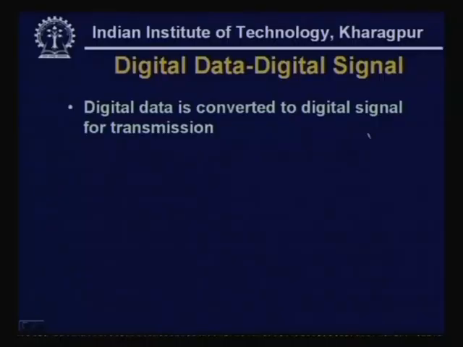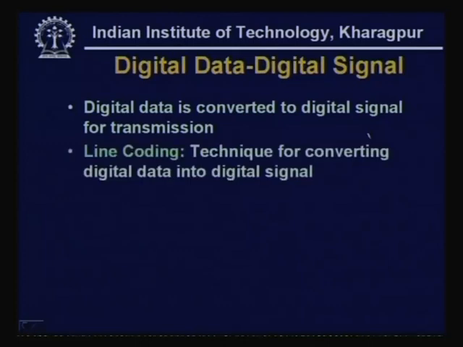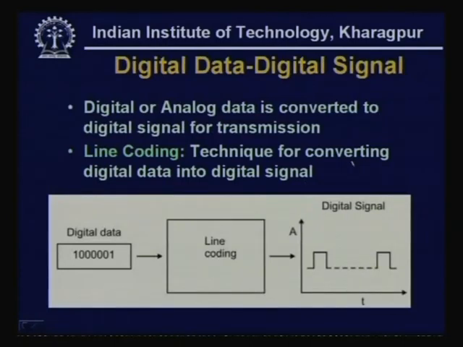In this lecture we shall consider digital data that is converted into digital signal, and the technique that is used is known as line coding. Line coding is used for converting digital data into digital signal, and this can be explained with the help of this simple diagram.